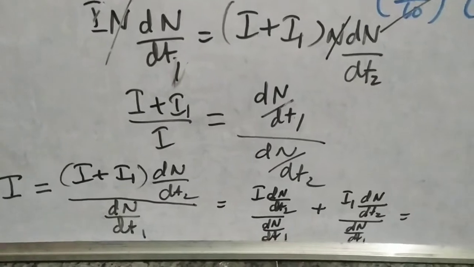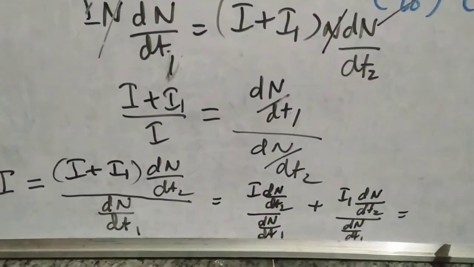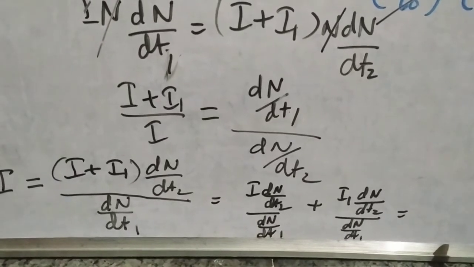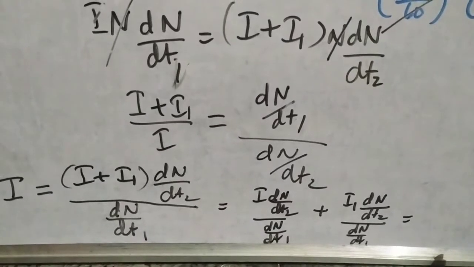Okay, now further what you will get here as I1, the dn will be common parameter.